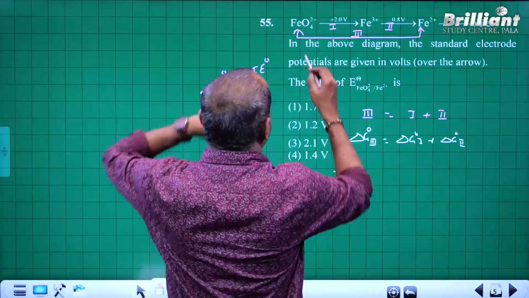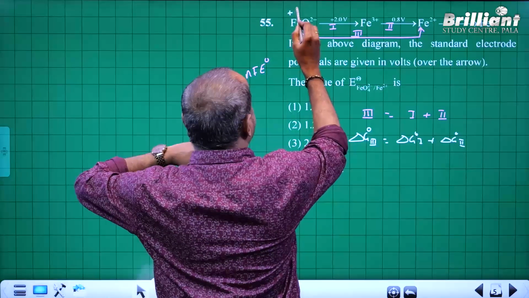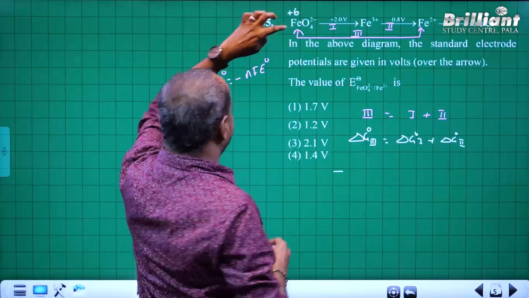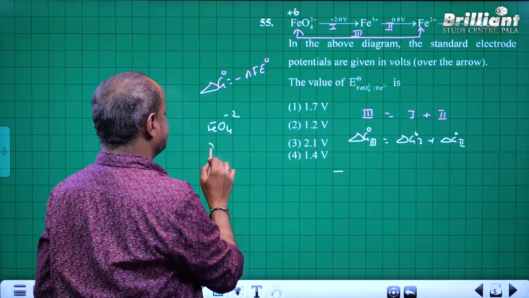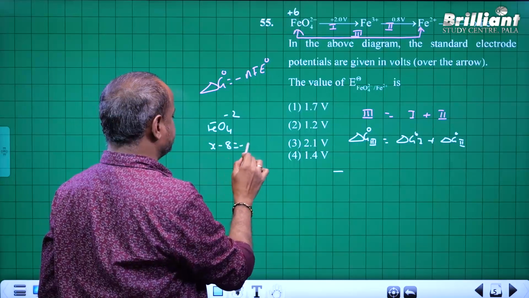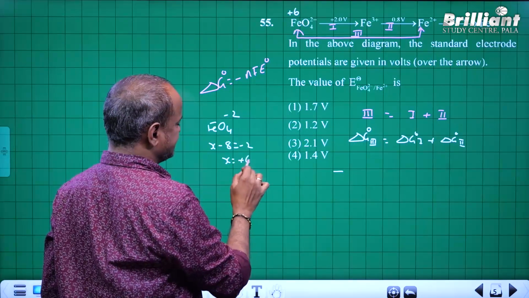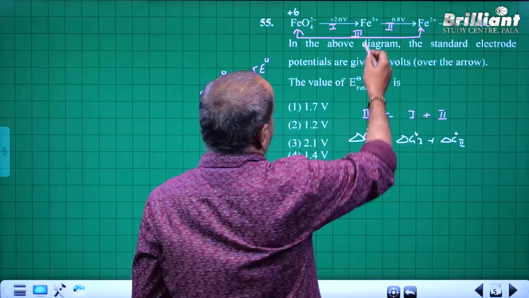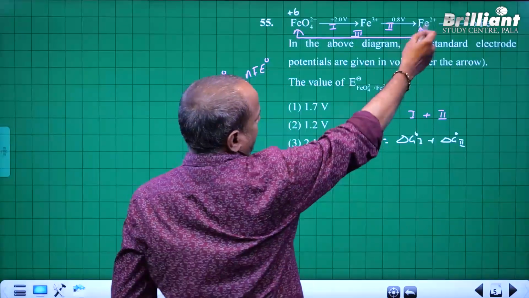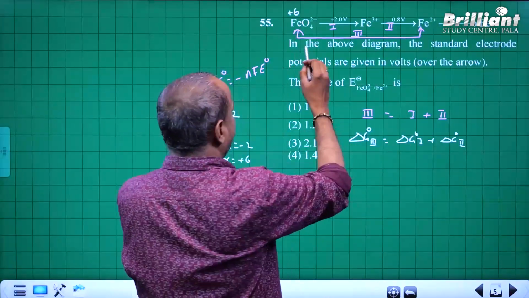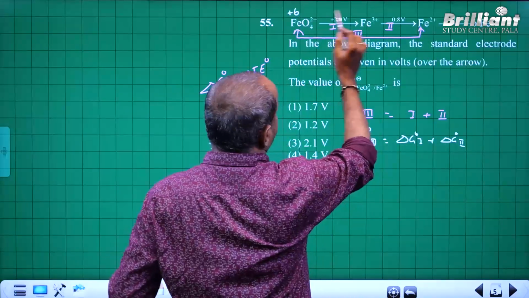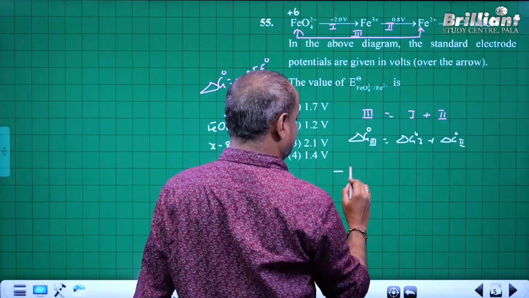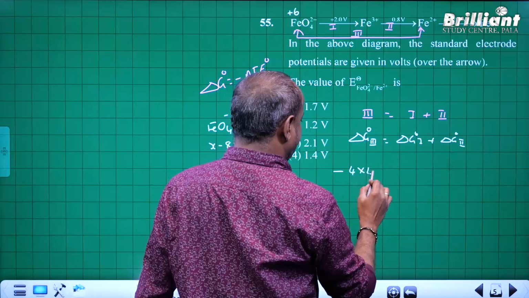The Fe oxidation number is plus 6, because in FeO4 2 minus, x minus 8 is equal to minus 2, so x equals plus 6. From Fe6 plus to Fe2 plus, n factor is 4, into E0 value, the requirement.